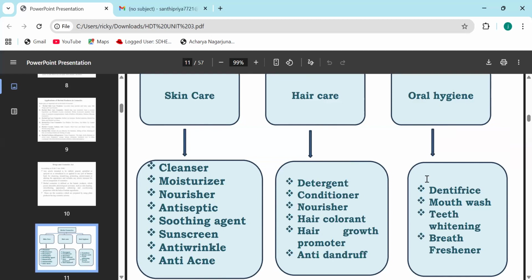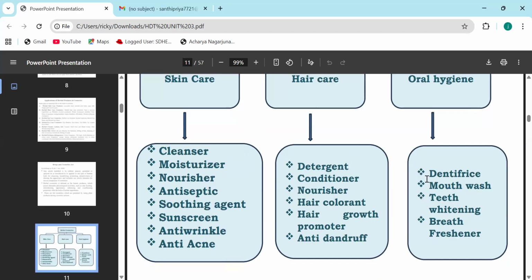Hair care can be classified into six types: detergent, conditioner, nourisher, hair coloring, hair growth promoter, and anti-dandruff. The third one, oral hygiene, is sub-classified into four types: dentifrice, mouthwash, teeth whitening, and breath freshener.